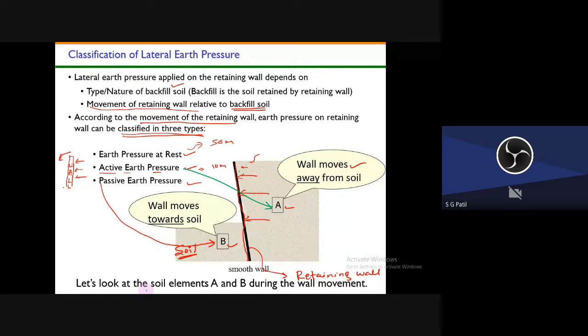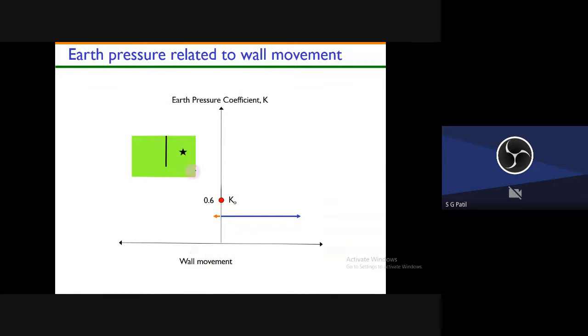So let's look at the soil elements at A and B during the wall movement. We will dwell in more detail on what will happen to soil A and what will happen to soil B. Here, this is the wall movement on the x-axis. On the y-axis, it's the earth pressure coefficient.